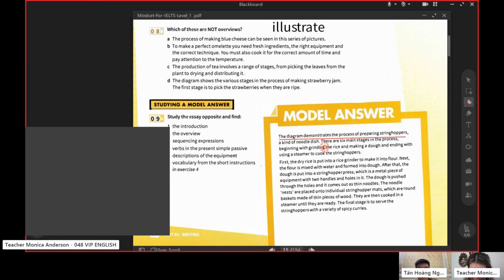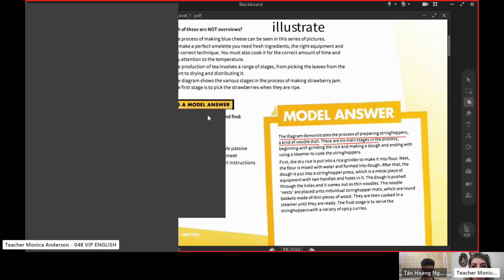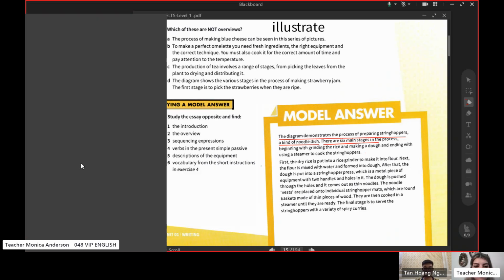The first sentence. Excellent. The first line is the introduction and then the overview: there are six main stages to cook the string hoppers, to the end of the paragraph. So this is the introduction and overview. Now let's go to the next part, that is sequencing expressions.